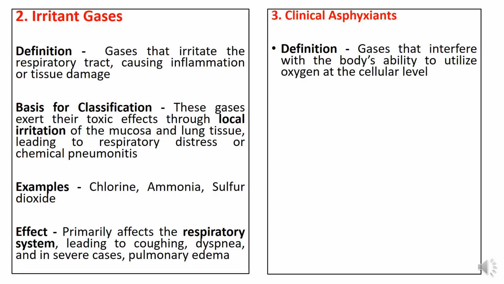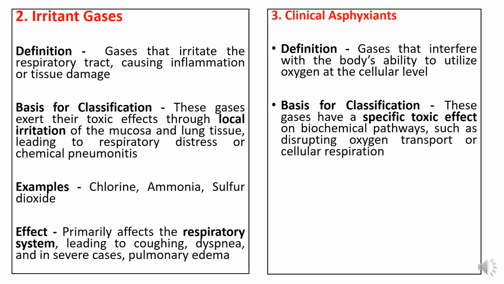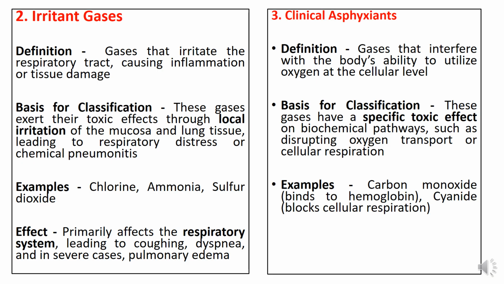The definition: such gases interfere with the body's ability to utilize oxygen at the cellular level. Compared to the former 2 classes, such gases are absorbed into our body, into the circulatory system, causing certain clinical features. So what are the examples?